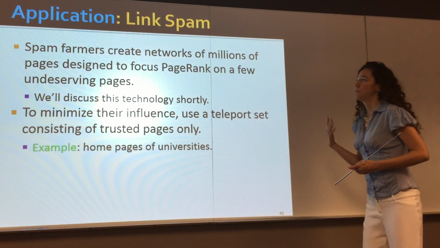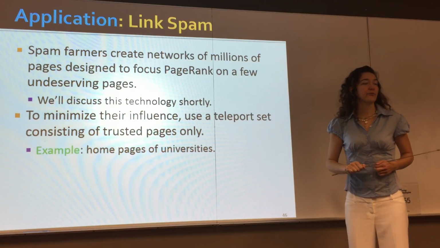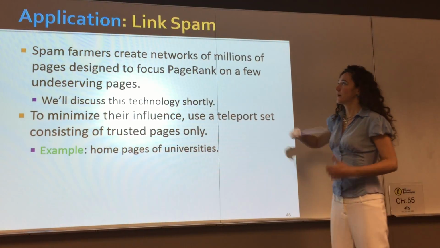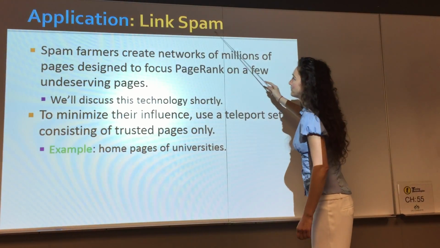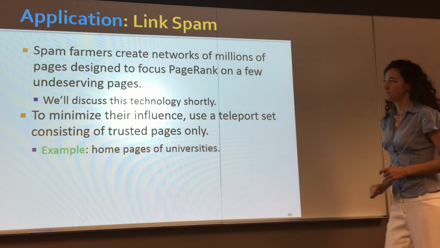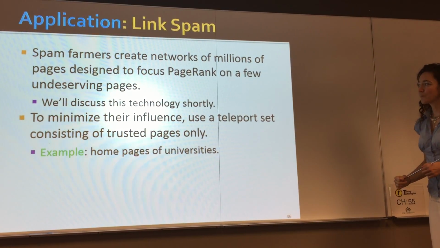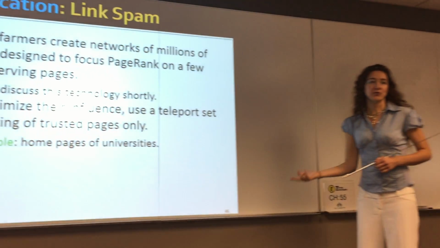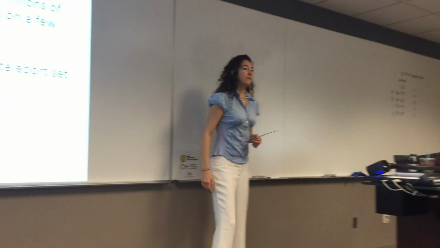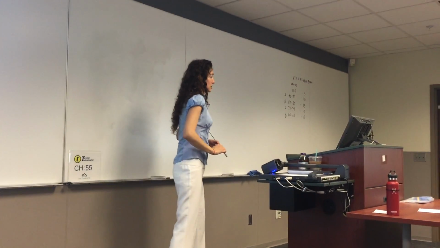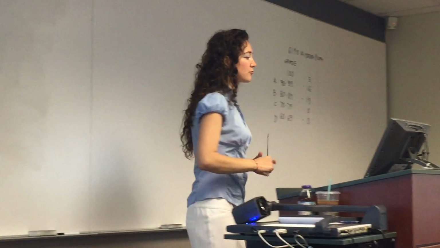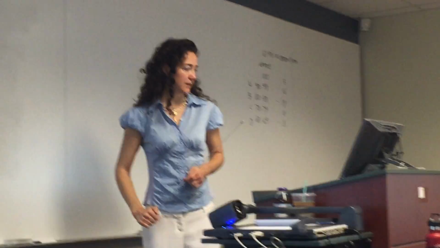So they are trying to bump up the PageRank number for this page by creating this type of link spam. Of course, the search engines are watching out for this kind of spammers and dropping them from the search results if they detect them.